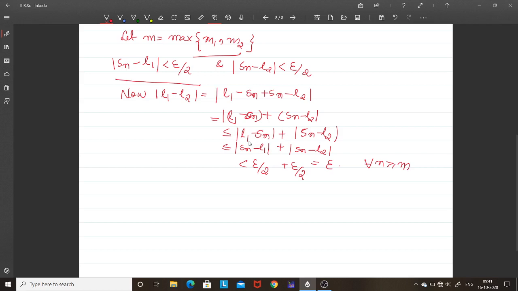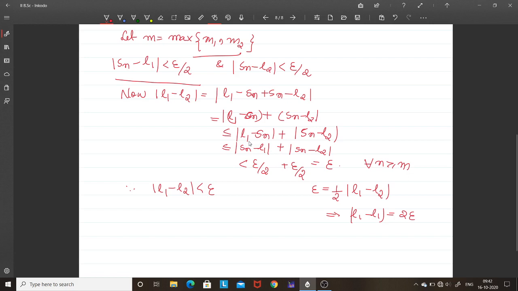Therefore, mod L1 minus L2 is less than epsilon. But what did we take? Epsilon is equal to half into mod L1 minus L2. That means you can also write mod L1 minus L2 is equal to 2 epsilon, that should have come. But we did not get 2 epsilon there. So this is a contradiction to our assumption.